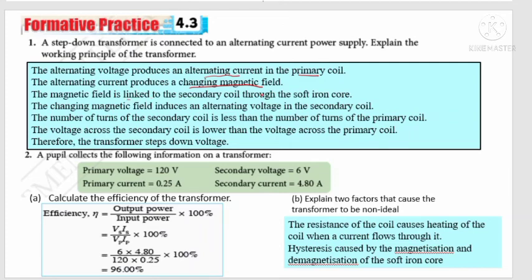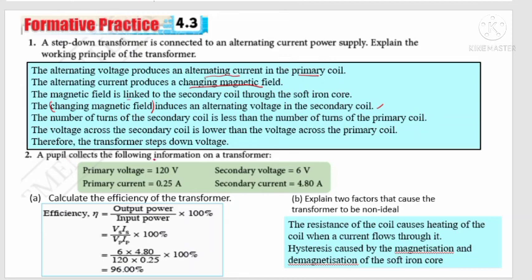The magnetic field is linked to the secondary coil through the soft iron core. The changing magnetic field induces AC voltage in the secondary coil. The number of turns of the secondary coil is less than the number of turns of the primary coil. Therefore, the transformer steps down voltage. So this is how it works.